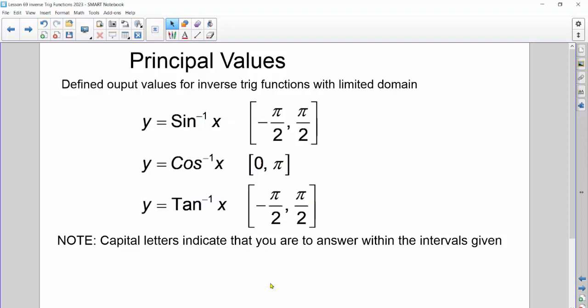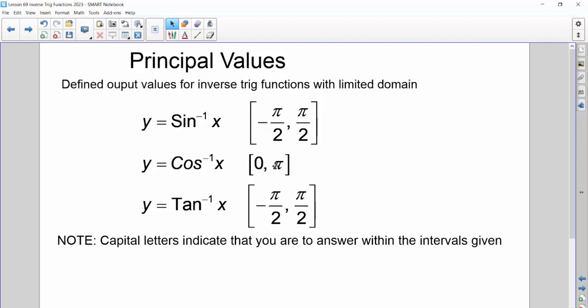So given the limited domains in the graphs on the previous slide, this introduces a new concept called principal values, or those defined output values for inverse trig functions with these limited domains. And you can see, just like in the previous slide, that the values that we answer for inverse sine are from negative pi over 2 to pi over 2.